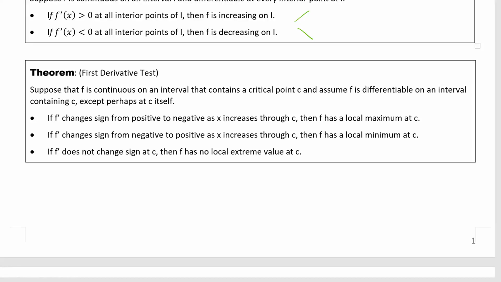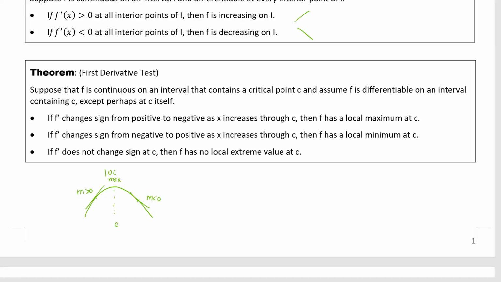If f prime changes sign from positive to negative, positive meaning going up and negative meaning going down, so the picture is like that, then f has a local maximum at c.